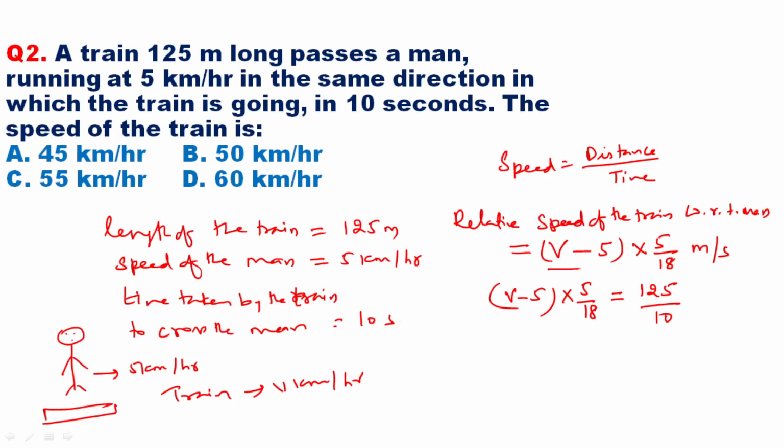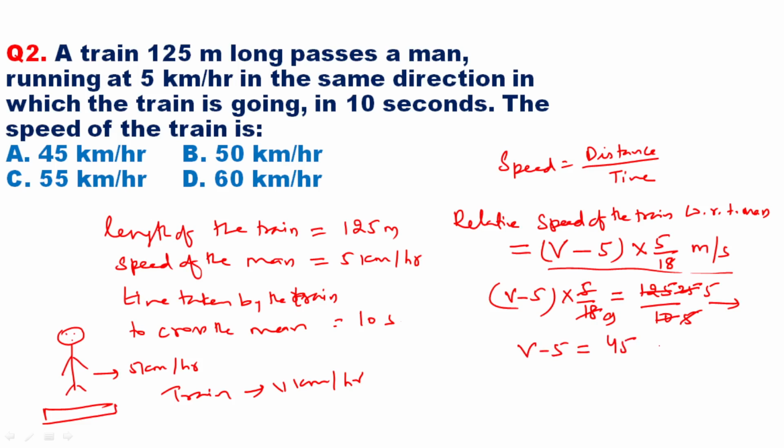Directly this formula can be written and one can reach this step. So 5, 25 and here 2, 9, 2, 5, then 5, 5 will cancel as 5. So we will be getting v minus 5, that is 9 into 5, 45.